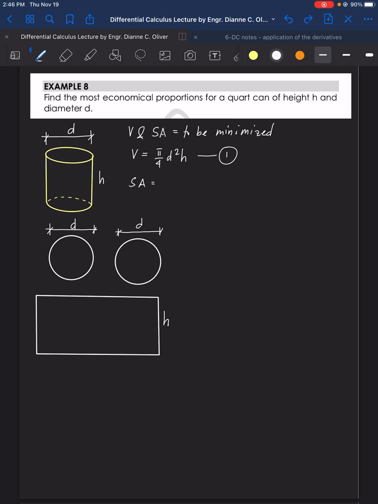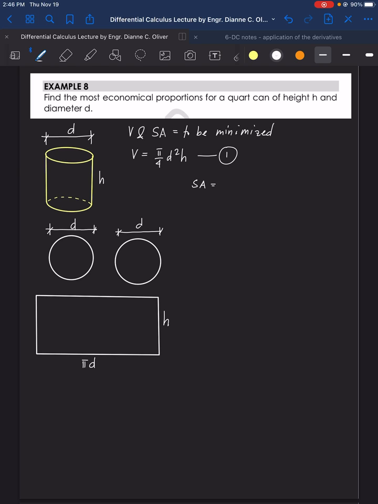And what is the circumference of a circle with respect to d? It is pi d. If it is radius, then it is 2 pi r. If it is diameter, then it is pi d. Now, what is the surface area?